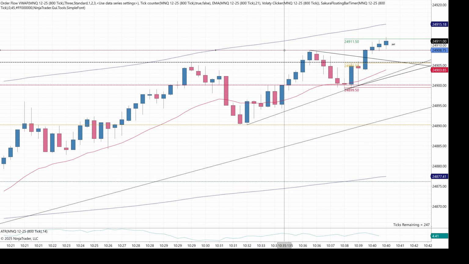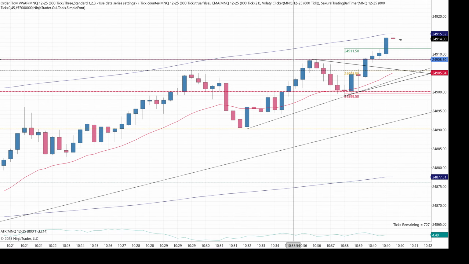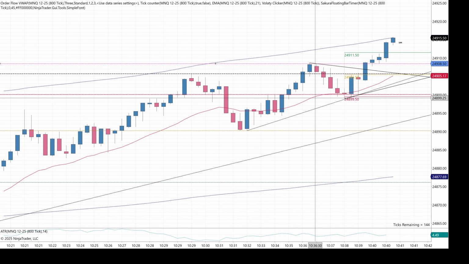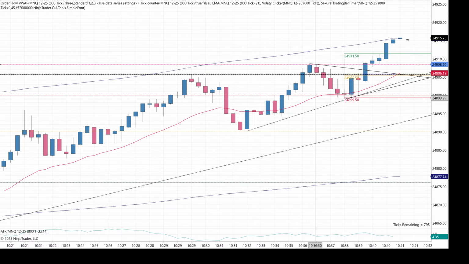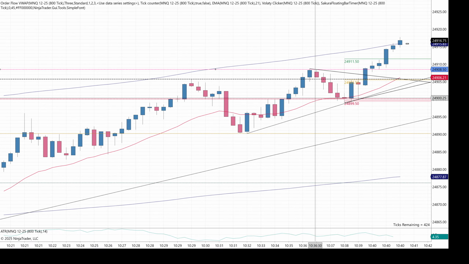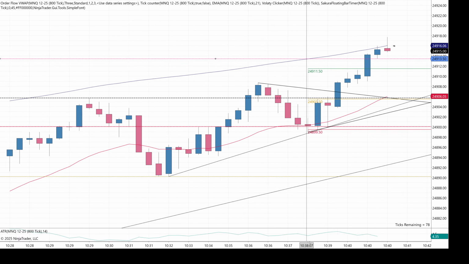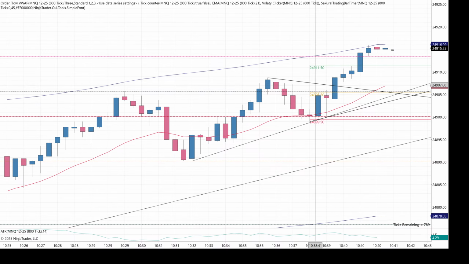All right, runner is still running. All right, this might be a bearish signal here.